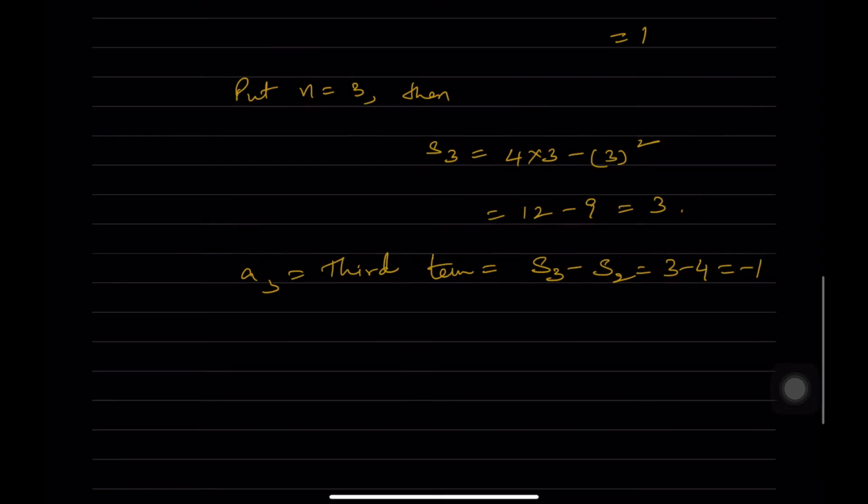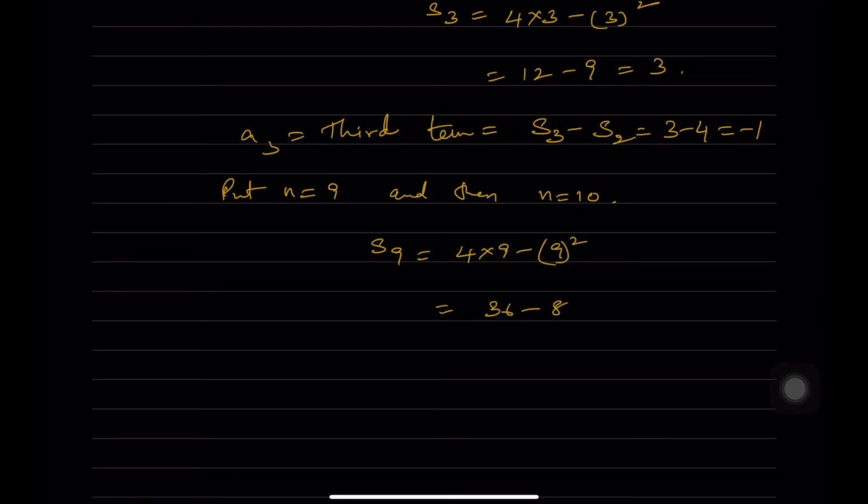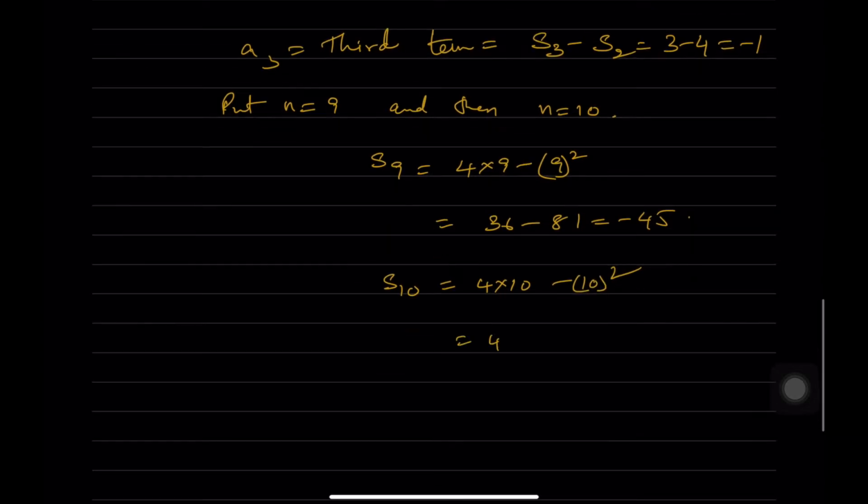Now put n is equal to 9 and then n is equal to 10. So what do we get? S9 is equal to 4 into 9 minus 9 square, which is 4 9s are 36 minus 81, which is equal to minus 45. S10 is equal to 4 into 10 minus 10 square, which is equal to 40 minus 100, which is equal to minus 60.